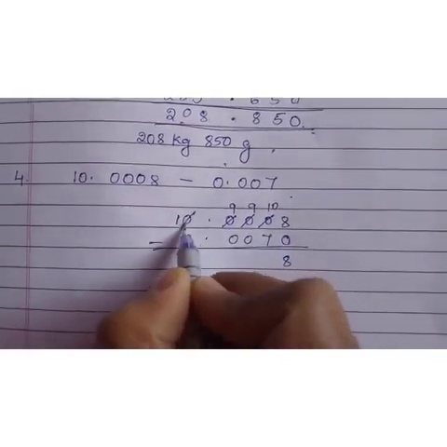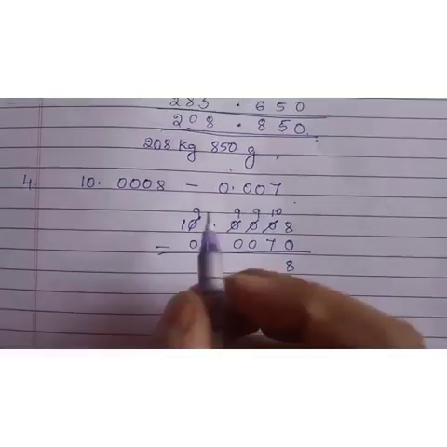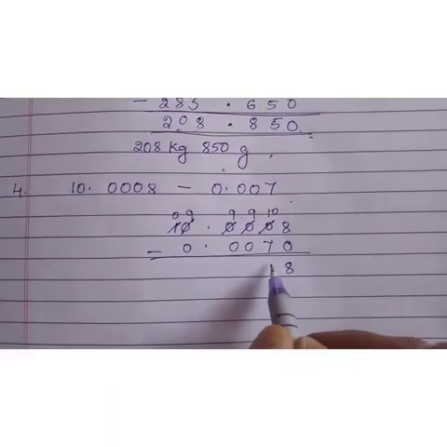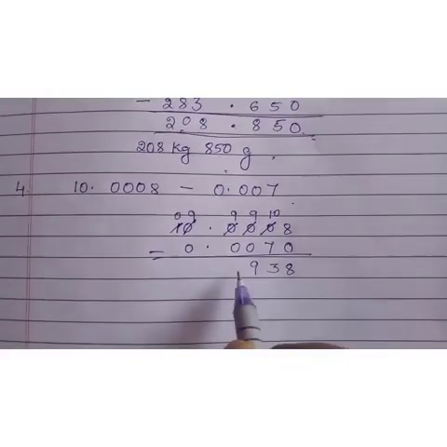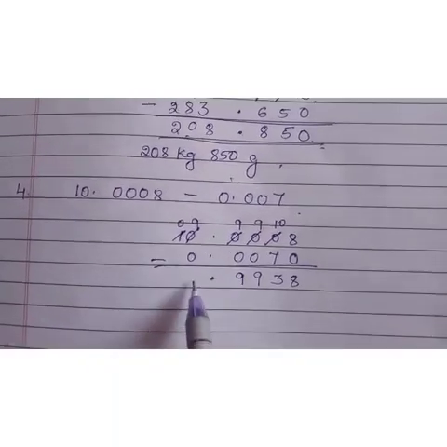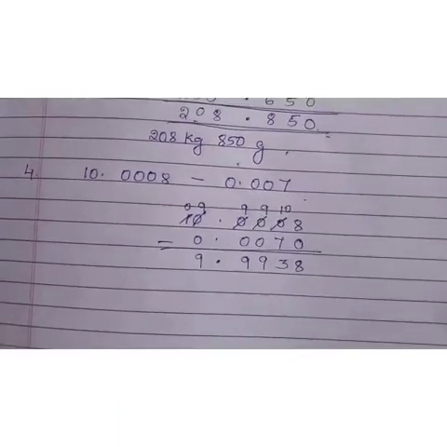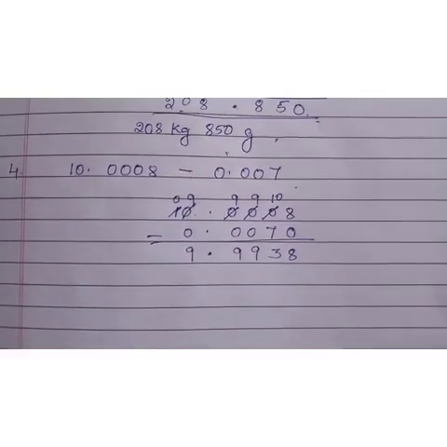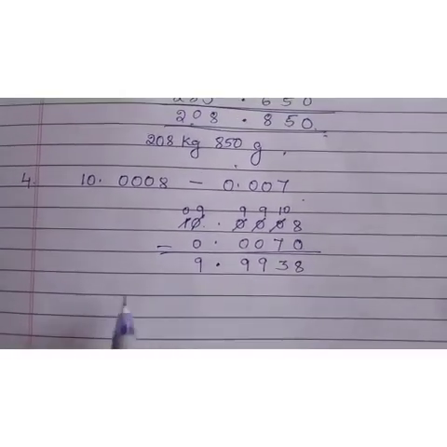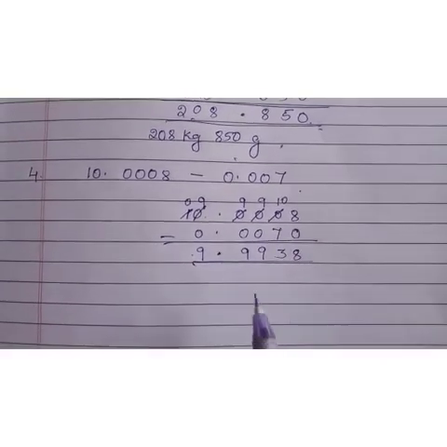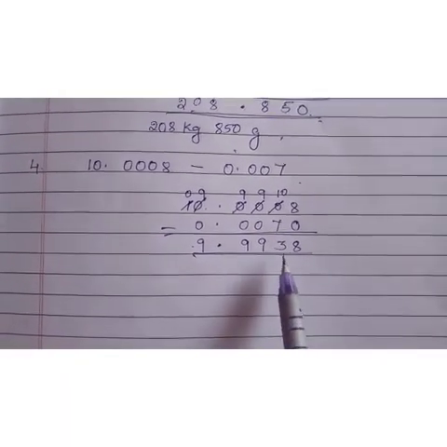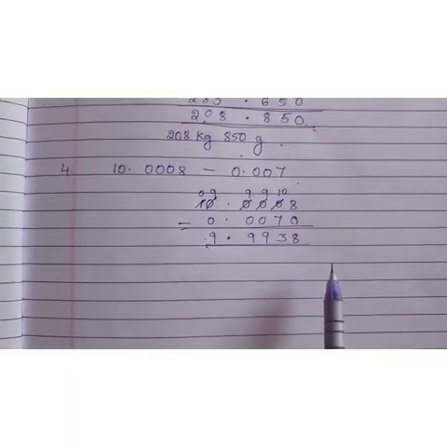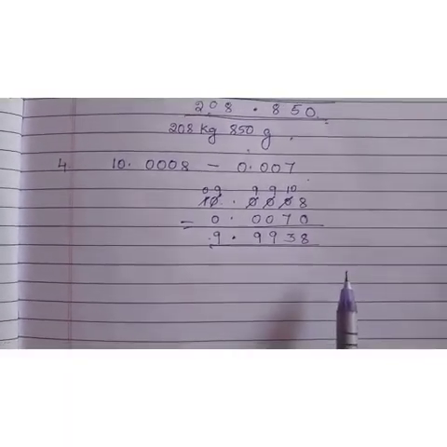Again this becomes 9 and this also becomes 9 and this will be 0. Isn't it? So 10 minus 7 is 3. 9 as it is. 9 as it is. 9 as it is. I hope you have understood this carryover. So the answer will be 9.9938. So children, this is how we are going to add and subtract the given decimal numbers.